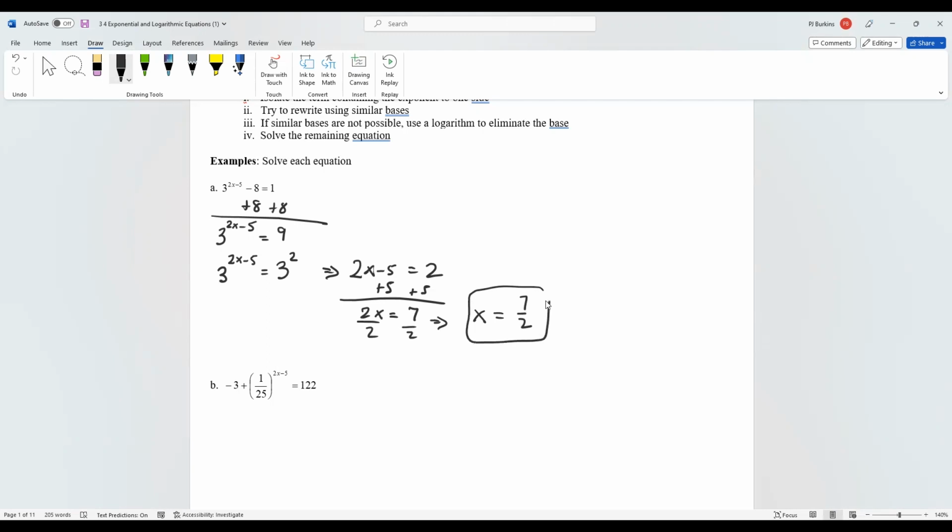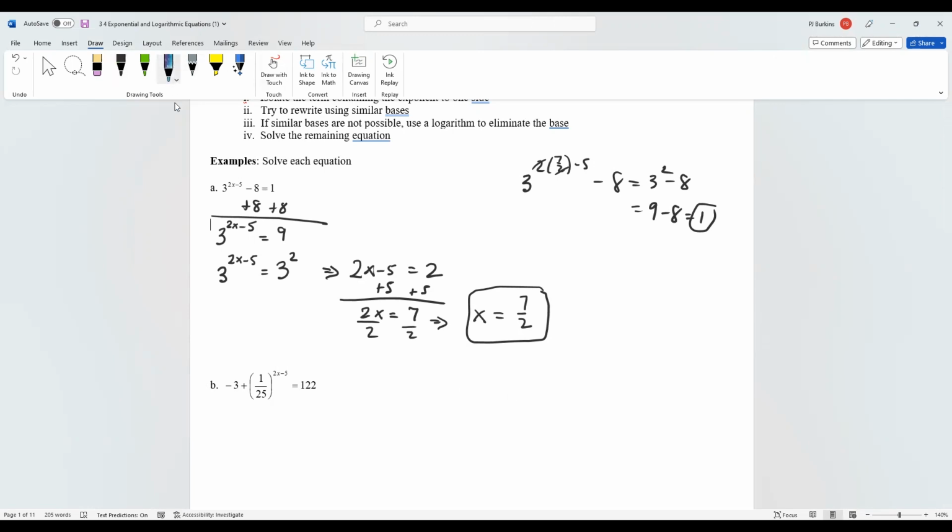So again, if we plug that back in to double check, then we have 2 times 7 halves minus 5, the whole thing to the power, minus 8, and we're trying to get that equal 1. These 2's would cancel. So you'd have 7 minus 5, or 3 squared, minus 8. That's 9 minus 8, or 1. So it looks like that works out just fine.